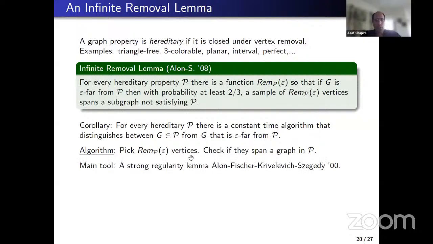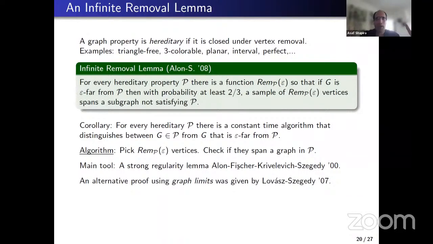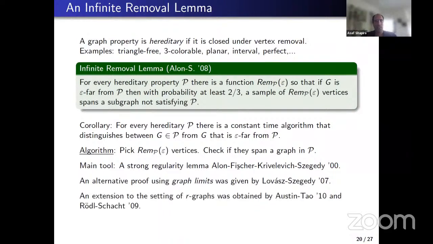And what is the main tool that we used? We previously discussed weak versions of the regularity lemma. This proof uses a strong version of the regularity lemma that was obtained by Alon, Fischer, Krivelevich, and Szegedy. I should mention that an alternative proof of this theorem using graph limits, which is another huge area of extremal combinatorics, somewhat parallel to what we are doing here, was obtained by Lovász and Szegedy.